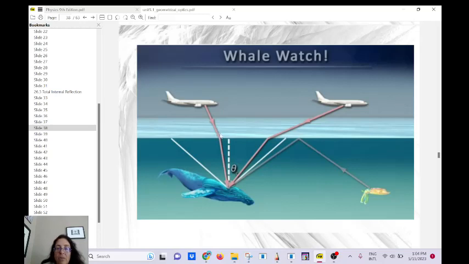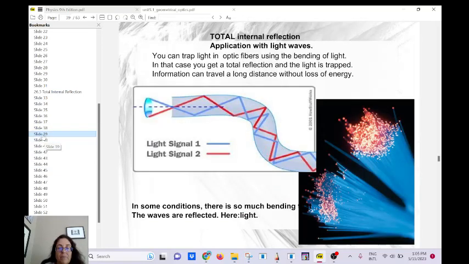Again, we just have a few beams, but you have a lot of beams here from light. But if the airplane is at that position here, it cannot see the whale. So that means the whale is invisible, almost totally invisible.